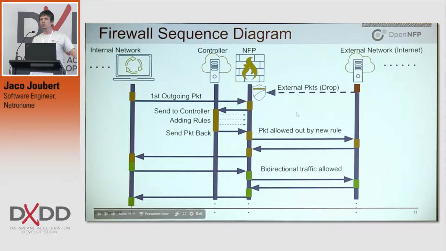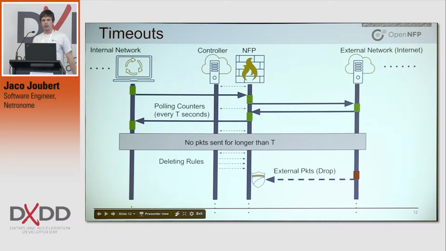Now, if you just get requests on and on and on, then this list is just going to grow. So we decided just to add a timeout. So if none of these rules was hit within a certain time, we're polling the counters for every time a rule was hit. Then those rules just get deleted again by the controller.